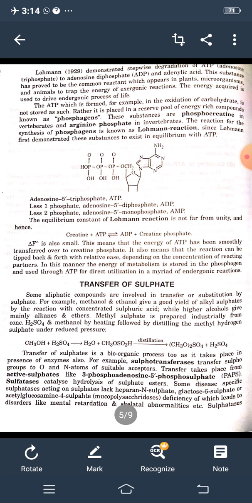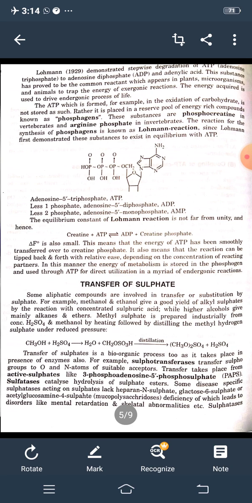For example, creatine plus ATP gives rise to ADP plus creatine phosphate. So delta F0 is also small. This means that the energy of ATP has been smoothly transferred over to creatine phosphate. It also means that the reaction can be tipped back and forth.